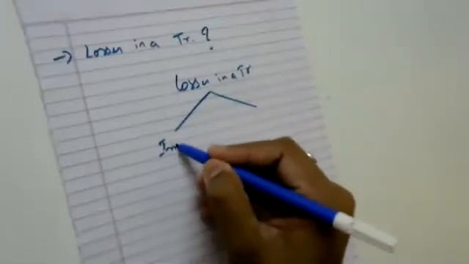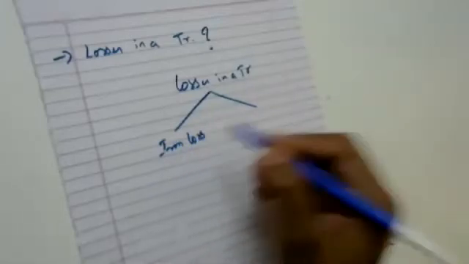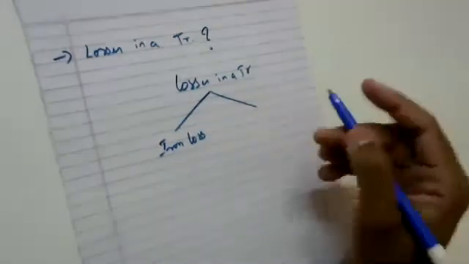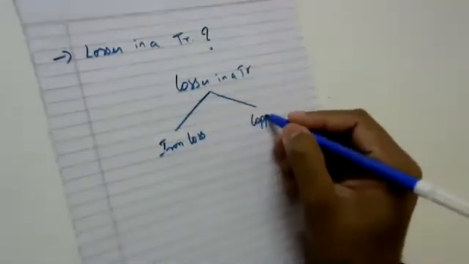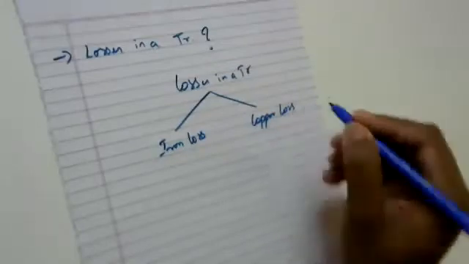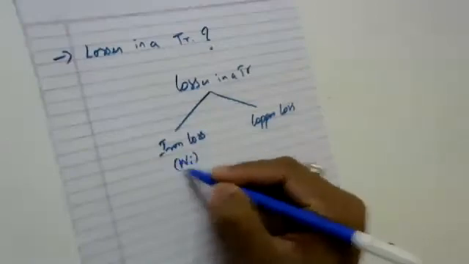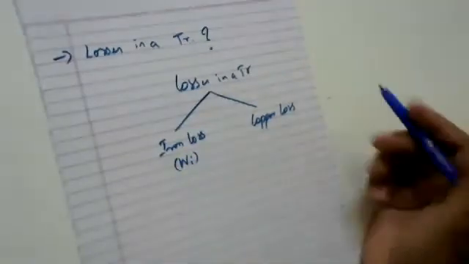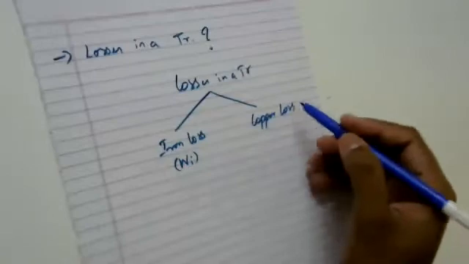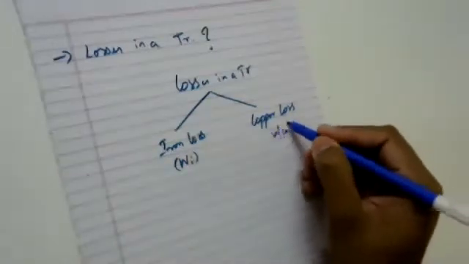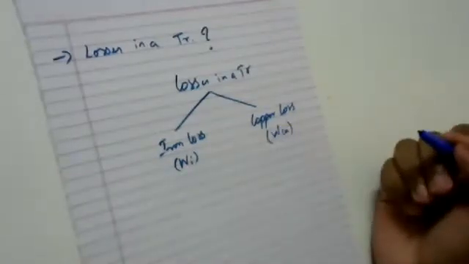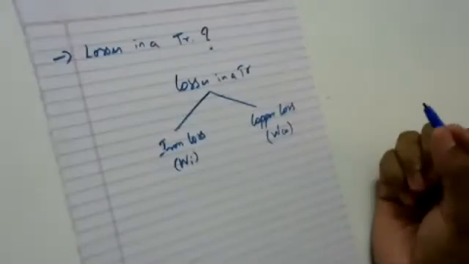The second loss, we call it a copper loss. Iron loss is denoted by Wi, and copper loss is denoted by WCU.